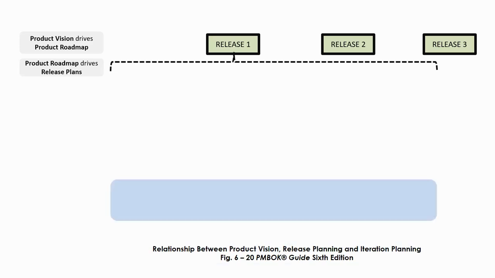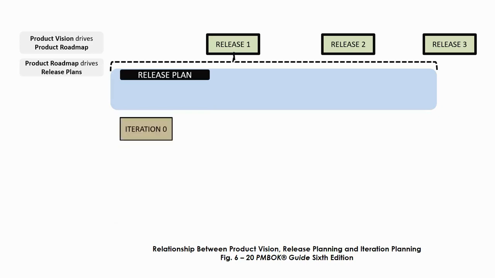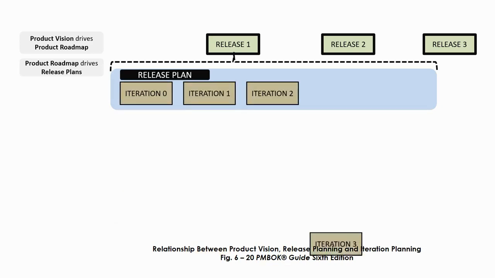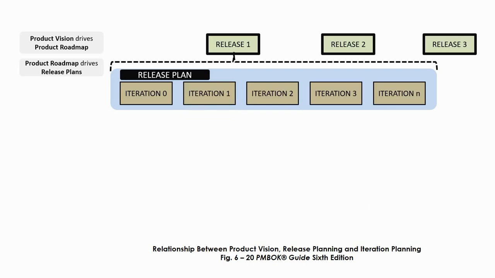So the product vision drives this roadmap of the different releases, the releases to the customer, and each release is broken down into different iterations or sprints, as you will. So the product roadmap drives release plans. What are we going to release in release 1? Well, it's going to be this, and this. We're going to have iterations up to the nth number depending on how the planning efforts unfold. So within release 1, we've got a number of iterations.